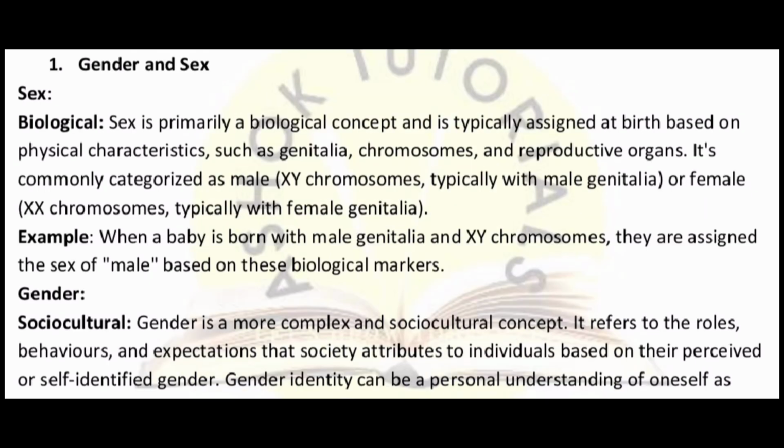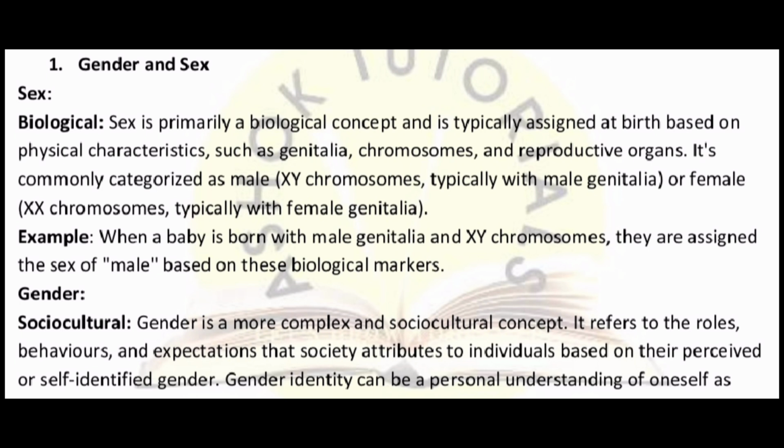Now let us see gender and sex. Sex is biological. When we say biological, what do you understand? Sex is primarily a biological concept and is typically assigned at birth based on physical characteristics such as genitalia, chromosomes, and reproductive organs. It is commonly categorized as male, XY chromosomes, typically with male genitalia, or female, XX chromosomes, typically with female genitalia.